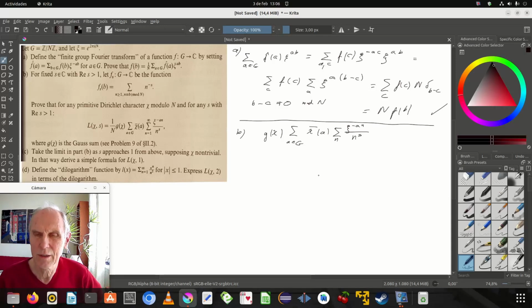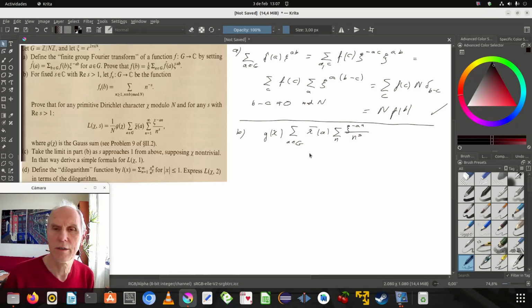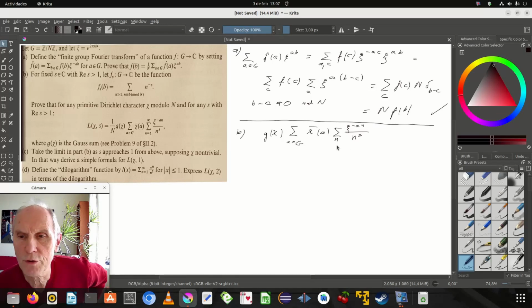Right. Now what can we do? I would like to take the summation over A out and do that in its own right. And this converges absolutely.